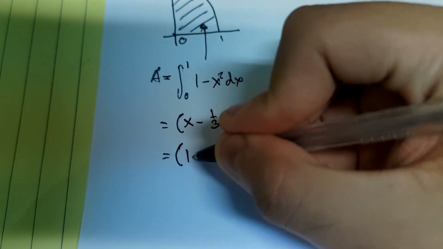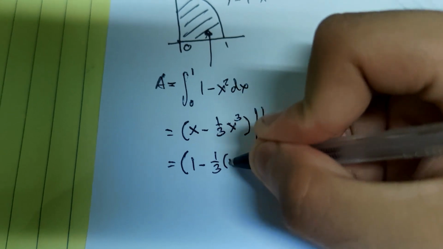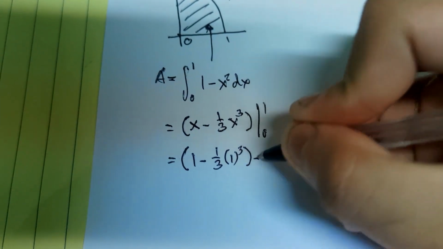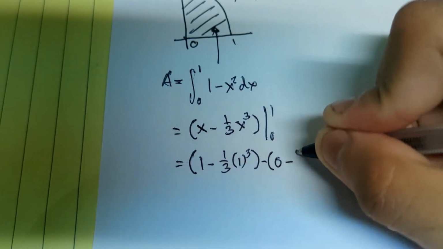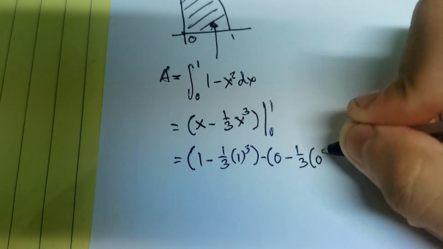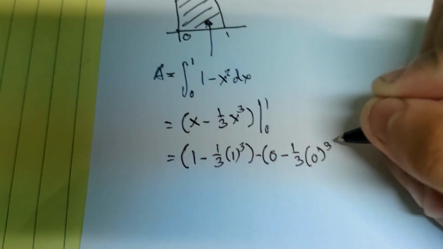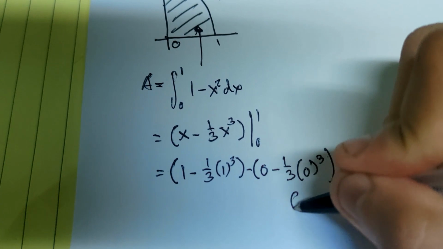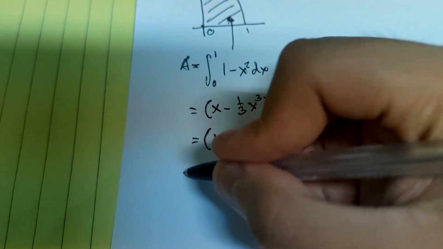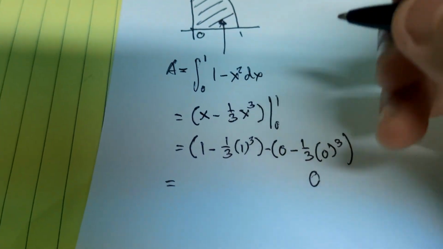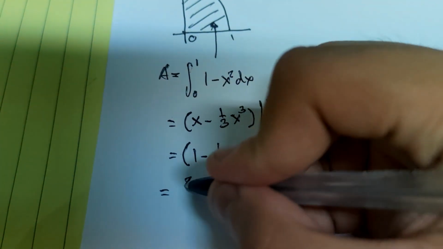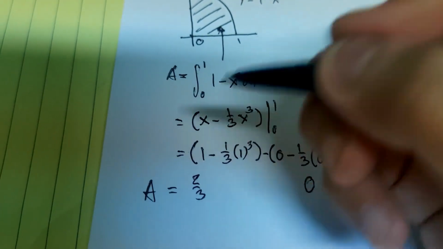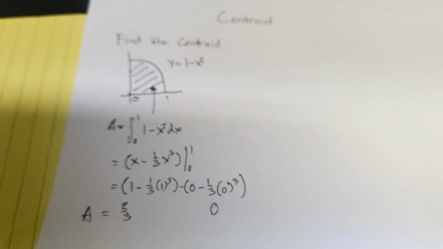So x will be 1 minus 1/3 times 1 cubed, minus 0 minus 1/3 times 0 raised to 3, which will just become a 0 value. So here you find 1 minus 1/3 is just 2/3. So this will be our area. But as you can see, we're finding out the centroid.